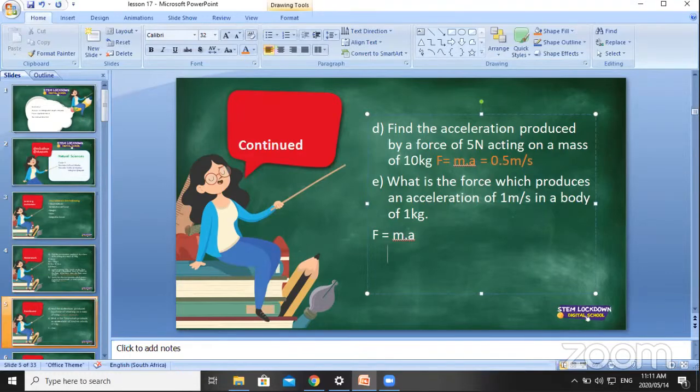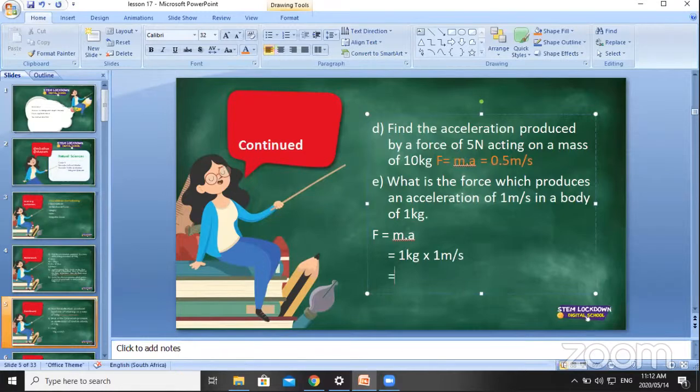The mass there is 1 kg, multiplied by the acceleration of 1 meter per second squared, and it is equal to 1 newton.